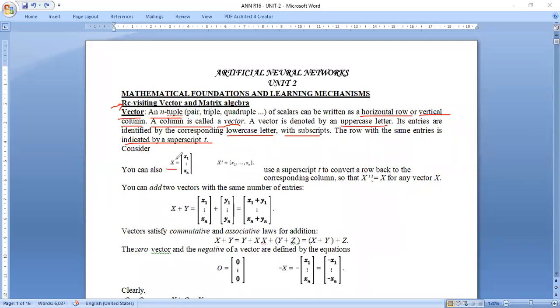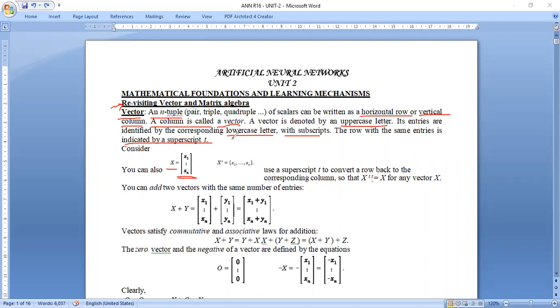The representation of this data in the form of a column: capital X equals x1, x2, x3, like n number of values. These values are indicated in lowercase letters.